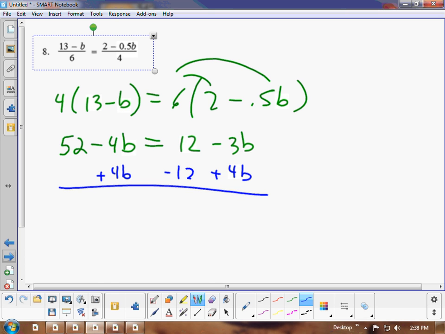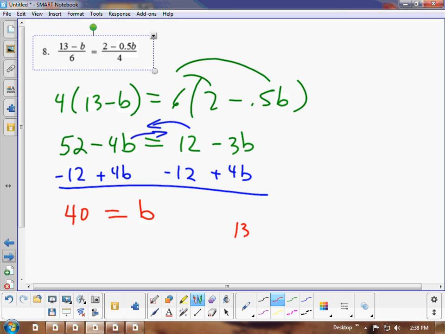And we're going to subtract the 12. So 12 is going that way, the 4b is going that way. And this is going to give me 40 equals b, right? Yep. Okay, now let's check it.